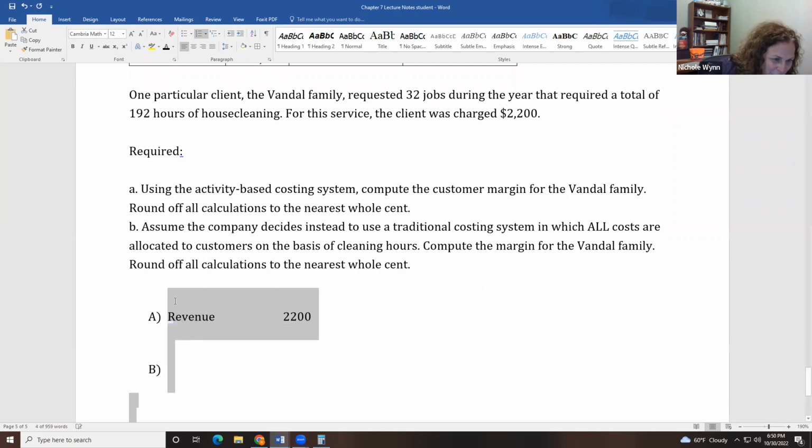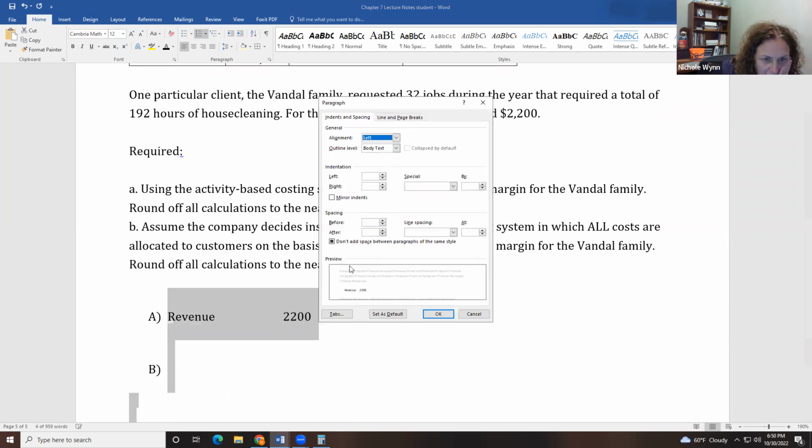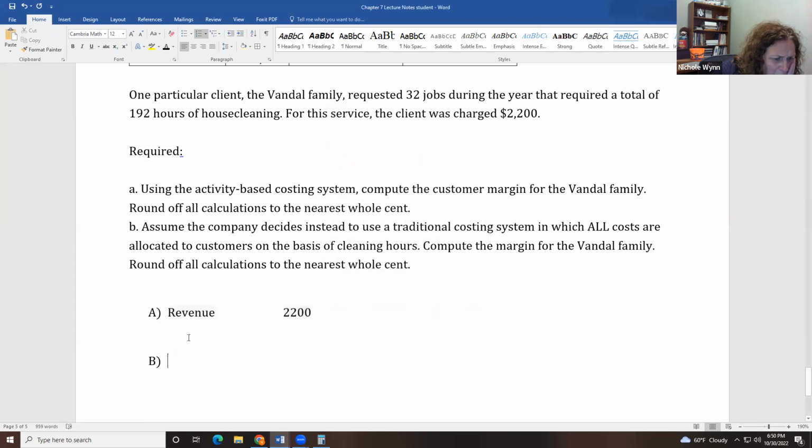So if you're typing this in with me, highlight all this and do paragraph. There's some weird stuff. Don't add space between paragraphs of the same style. Let's just do single to see if we can make this work right. Why is there this giant gap? Oh, I don't know what's happening.